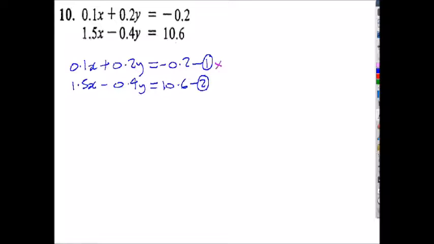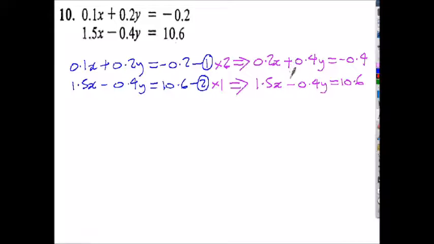So I'm going to multiply this by 2 and keep this one the same. Multiplying by 2, I'll get 0.2x plus 0.4y is equal to negative 0.4, multiplying throughout by the 2. And equation 2 I will leave the same.